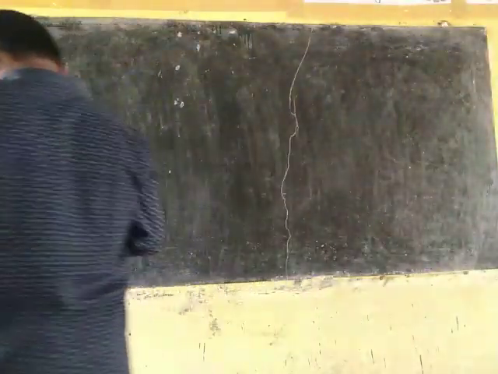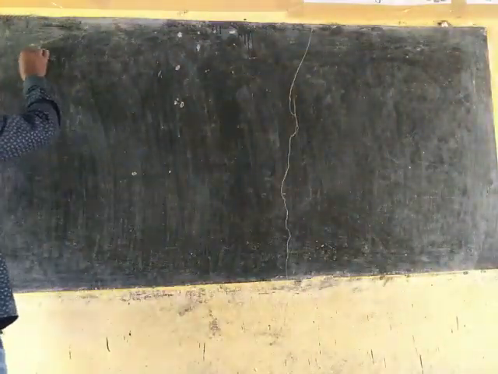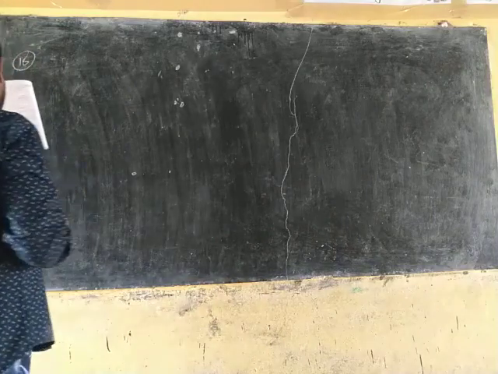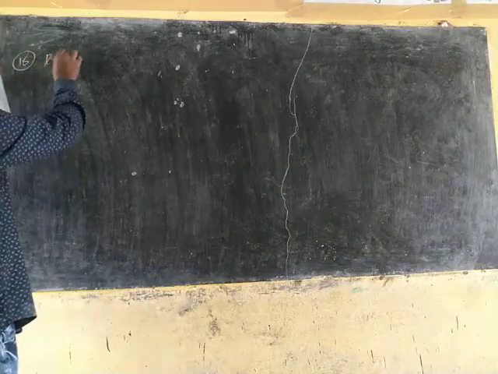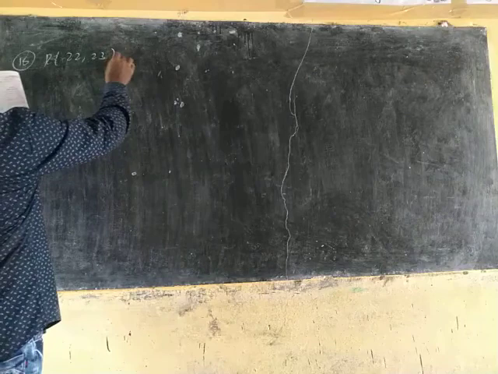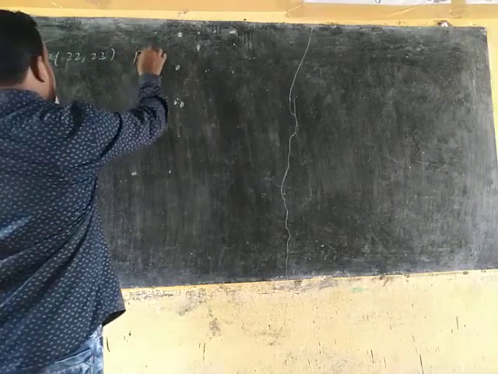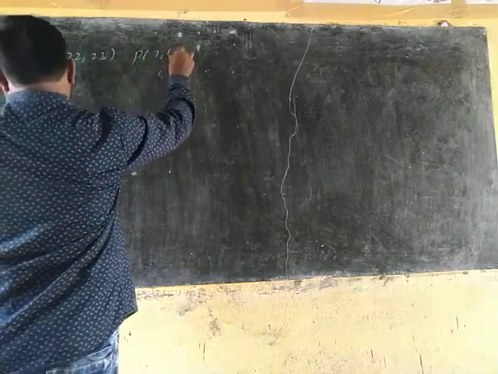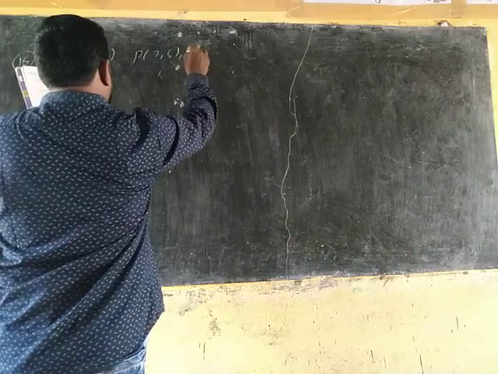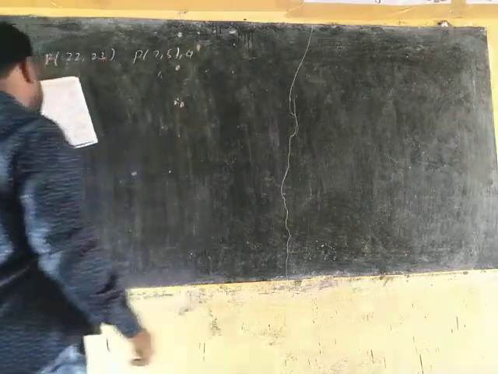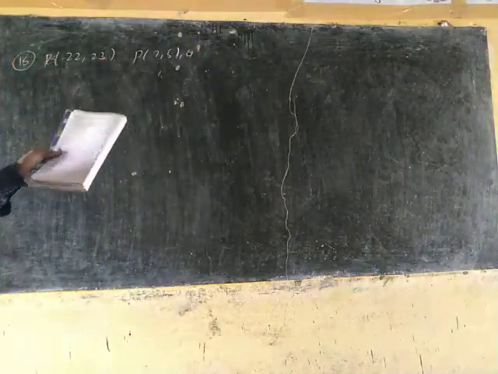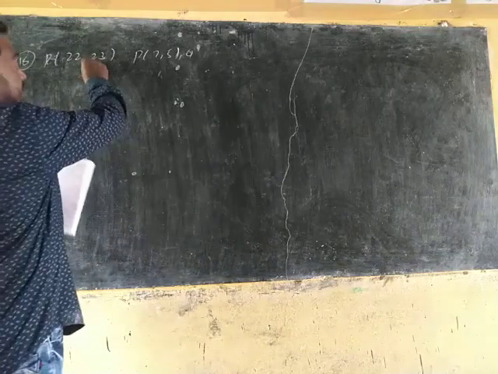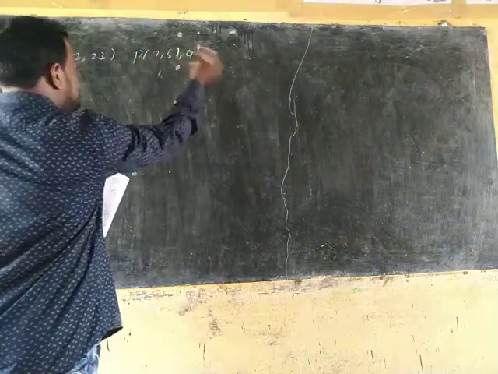Next, coming to 18th question. The point R (22, 23) divides the joining of the points P (7, 5) and Q externally in the ratio 3:5, then Q is, understood? R divides PQ externally.